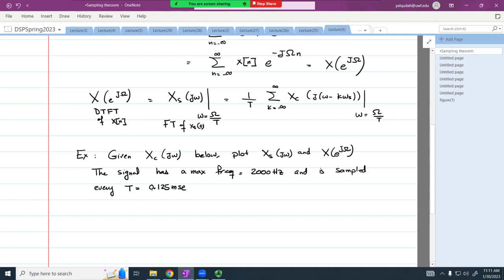If T is equal to 0.125 millisecond, then we can calculate Ωs equal to 2π divided by T, which is 2π divided by 0.125 times 10 to the negative 3, which equals 2π multiplied by 8,000 radians per second.